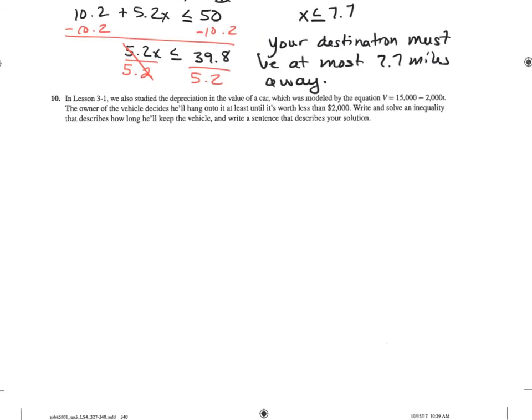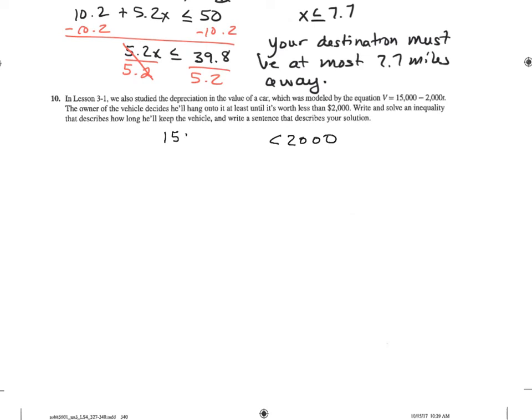In Lesson 3.1, we also studied the depreciation and the value of a car, which was modeled by this equation here. The owner of the vehicle decides he'll hang on to it at least until it's worth less than $2,000. Write and solve an inequality that describes how long he'll keep the vehicle. Write a sentence that describes your solution.